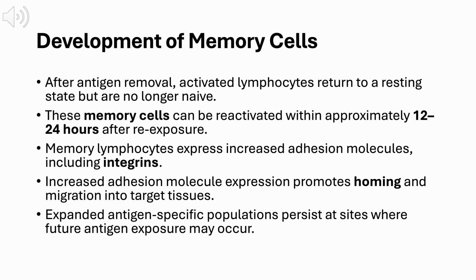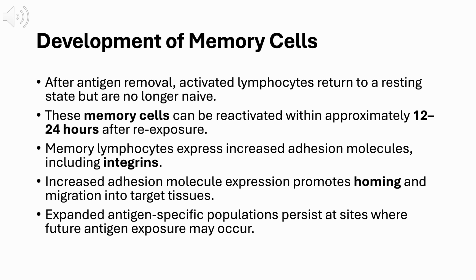They're also better positioned. Memory lymphocytes express increased adhesion molecules, including integrins, and that heightened adhesion promotes homing and migration into target tissues. The memory cells physically station themselves where they'll be needed. The result is an expanded antigen-specific population that persists at the very sites where future antigen exposure is likely.